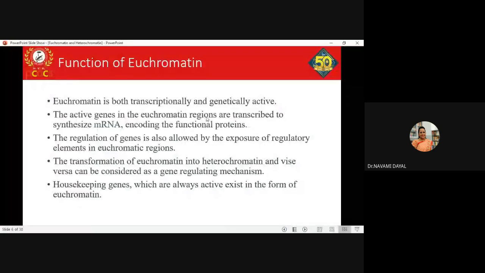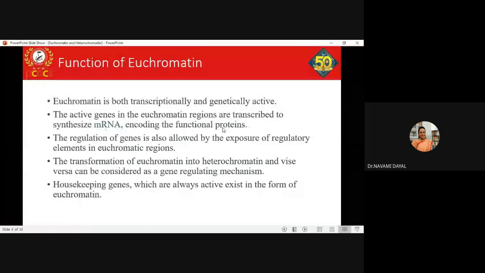So when transcription of the genes in the euchromatin region occurs, it helps in the synthesis of mRNA of that particular gene, and when mRNA is produced, the mRNA is translated into proteins. So the DNA gives rise to RNA, RNA gives rise to proteins.